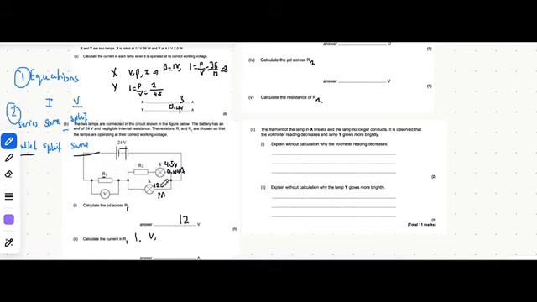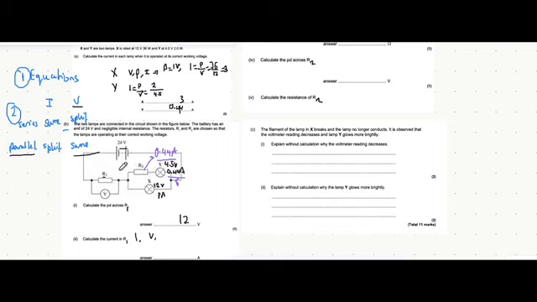Okay, so the current through Y is given as 0.44 amps. These two components are in series. In series, we know the current is the same. So the current through here would also be 0.44 amps. But how much current goes into this junction? This is what confuses students. What students tend to do is add the currents together, but we don't do that because we know that in series current is the same.